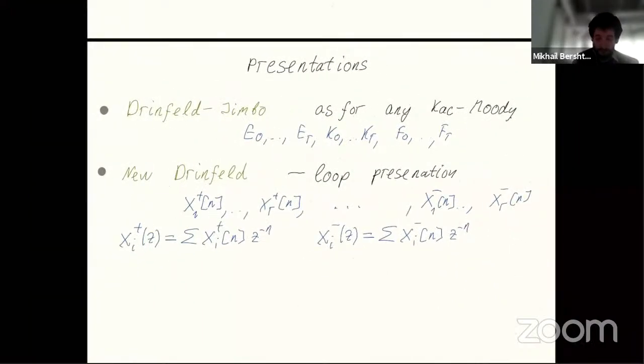So in this definition, we think about affine algebra as a Kac-Moody algebra, and in this definition, we think about affine algebra as a loop algebra. And again, we should write down some generators or some relations. And this is what Drinfeld did and what we recall later.